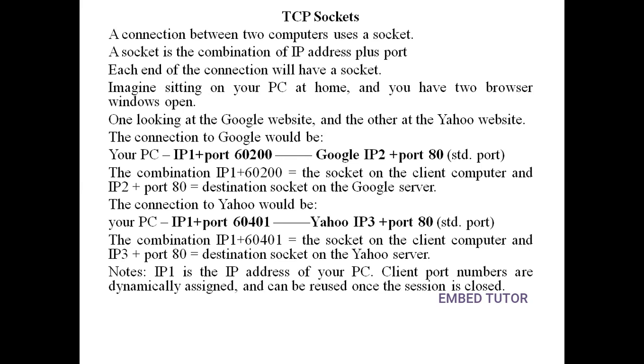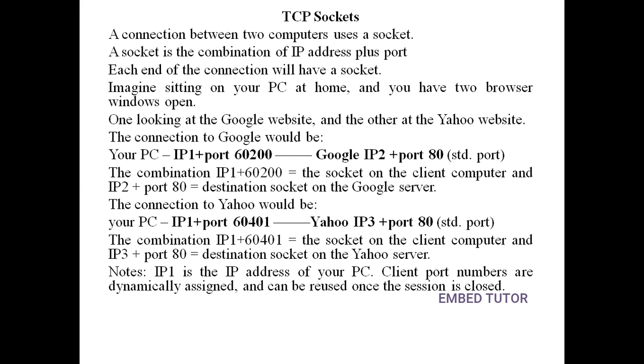A difference in any one of these four parameters will differentiate one TCP connection from another TCP connection. Therefore, keep in your mind that to differentiate one TCP connection from another, at least one of these four parameters should have a different value.